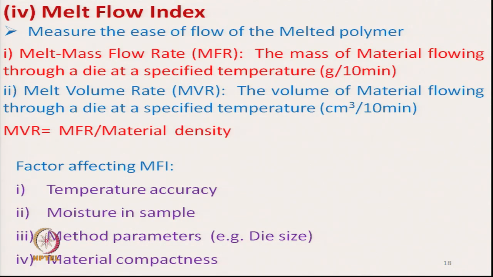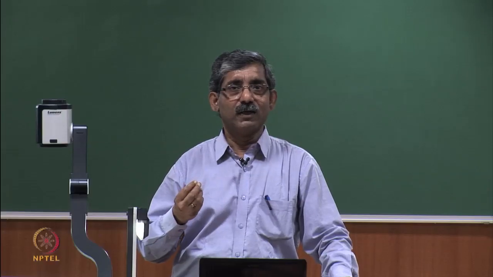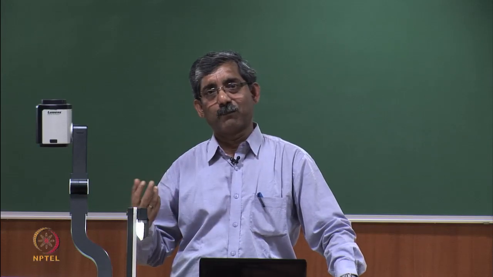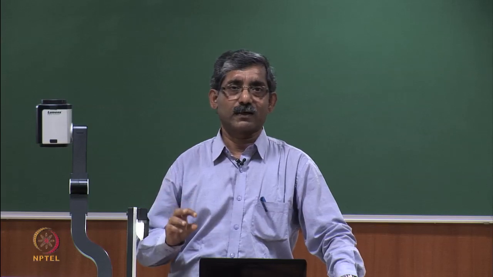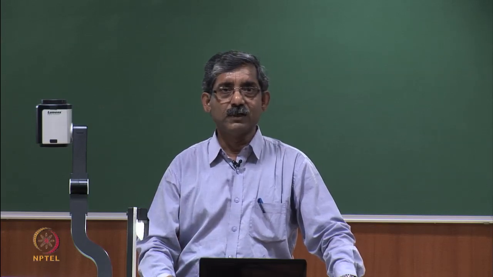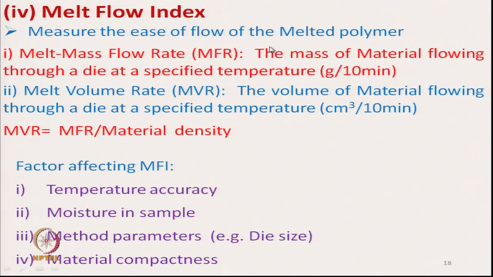If the flow characteristics are good at a particular temperature, then the composite characteristics will be better. It measures the ease of flow of the melted polymer, that is, how easily the polymer melt flows inside the structure.